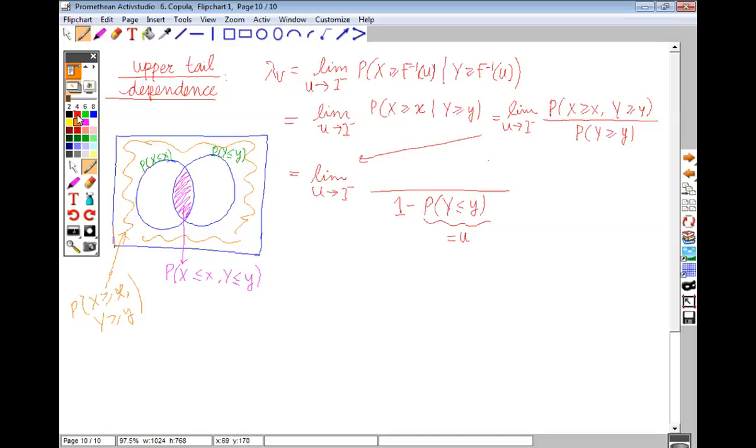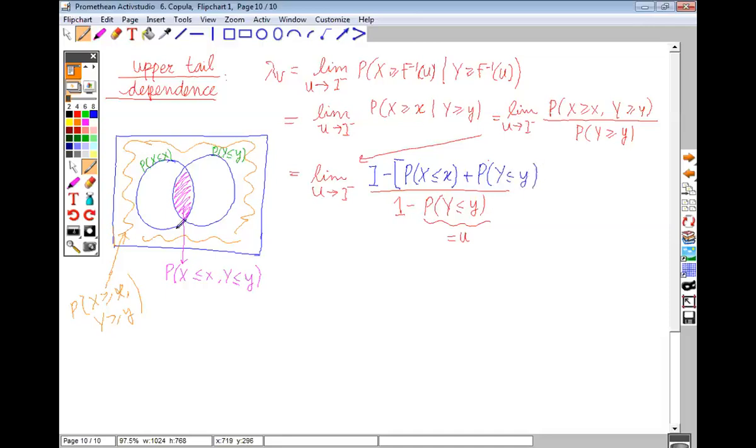So I'll rewrite it as 1 minus. First of all, we also know that this is going to just be u, so we can use this. And what I can do is 1 minus the probability that I observe x less than x, plus the probability that I observe y less than y, right?